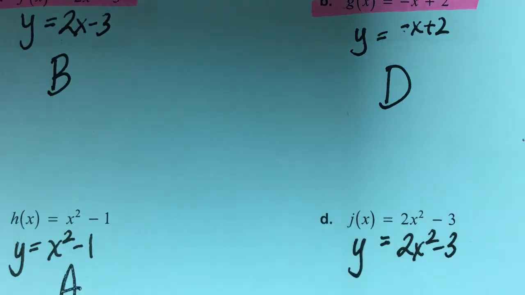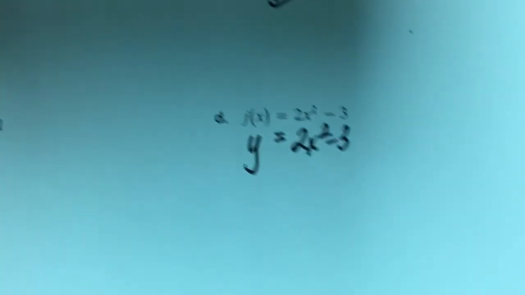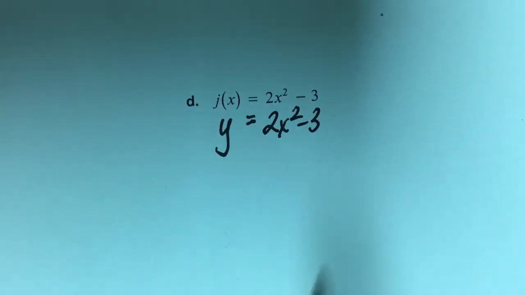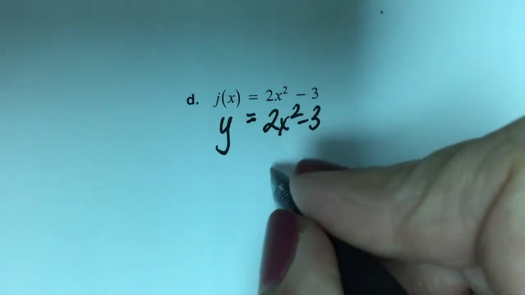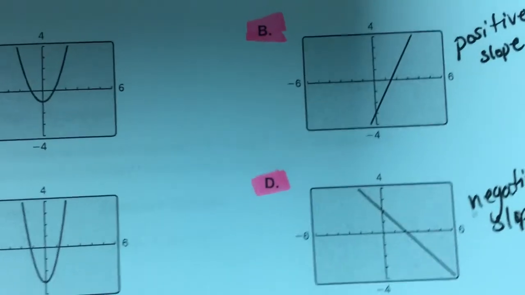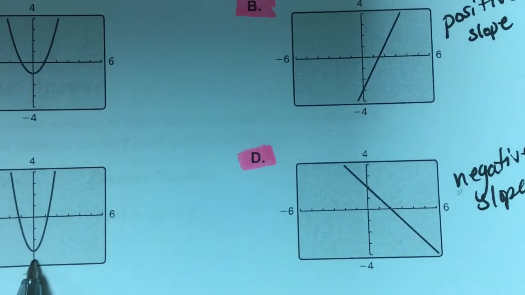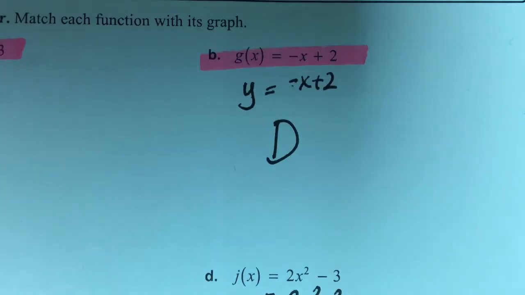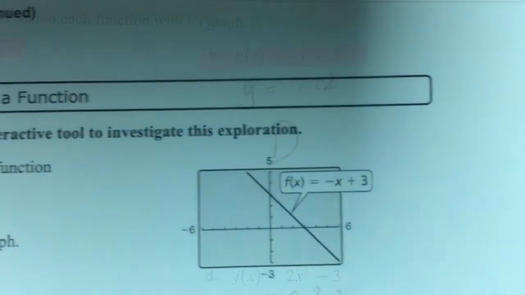That would be A. So A goes here. So by process of elimination, C is going to go here, capital C. But let's look down here. Here's a negative 3. Crosses at negative 3. So I'm going to pause and go on to the next page.